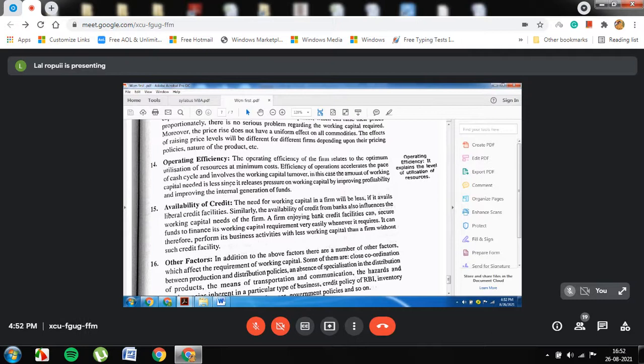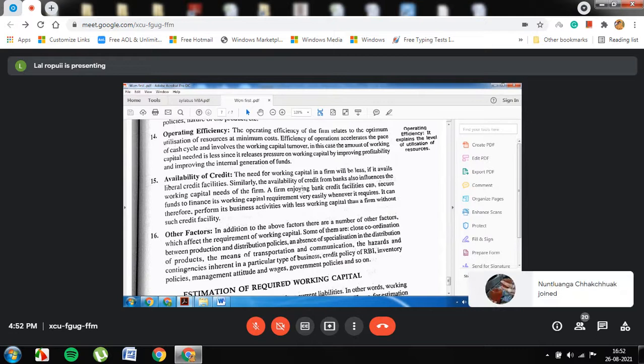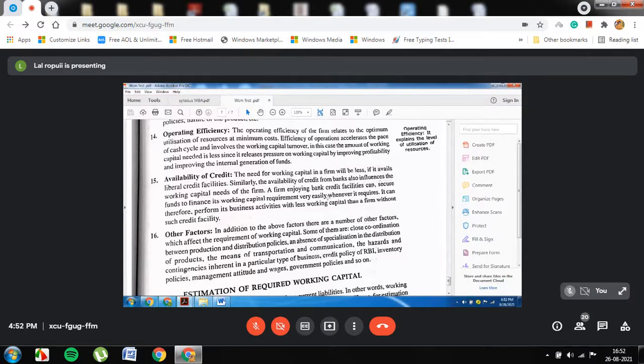Then availability of credit. The need for working capital in a firm will be less if it avails a liberal credit policy. Firms which can get bank credit facilities easily can get their working capital whenever they want.